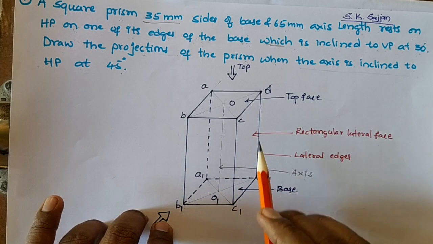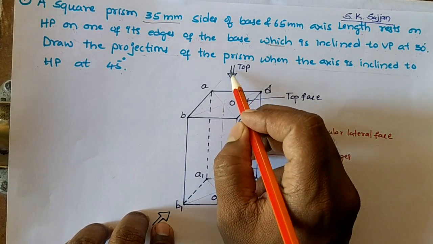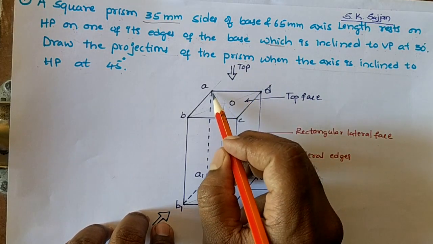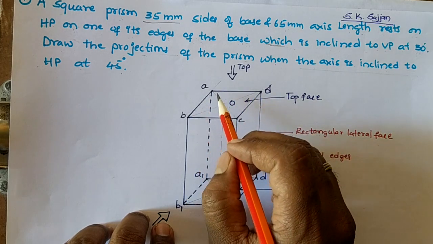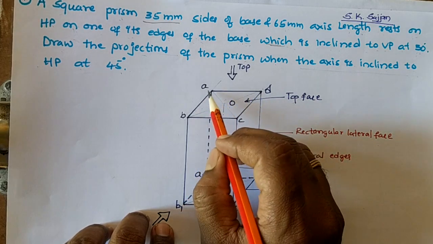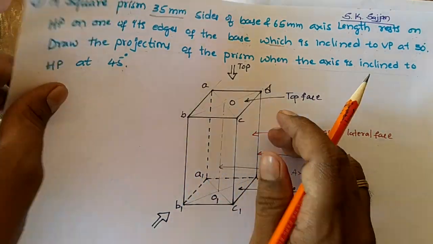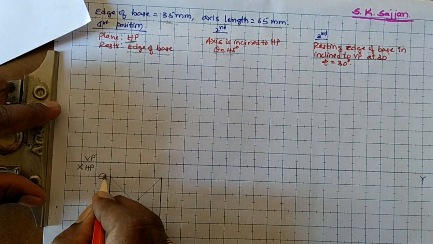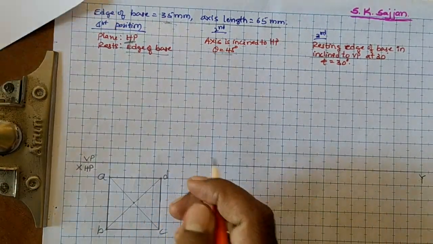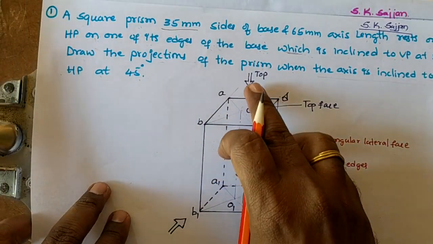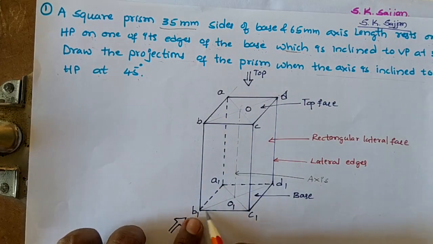Okay, see, by looking from top, this top face is visible, correct? Now I want to give the name of the top face A, B, C, D. By looking from top here, what about this base?